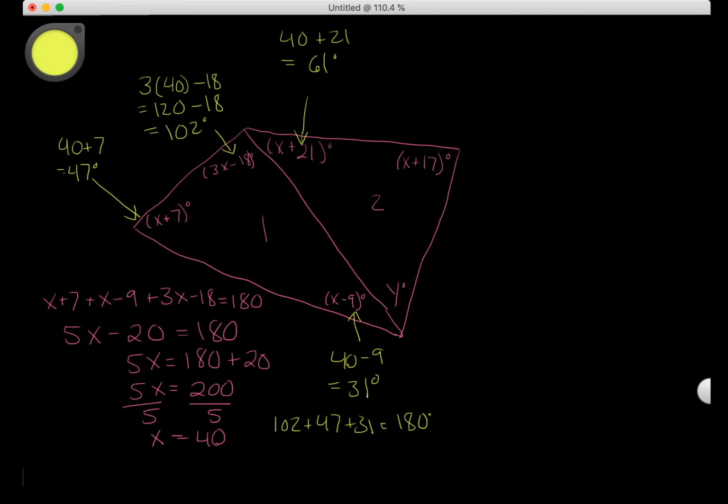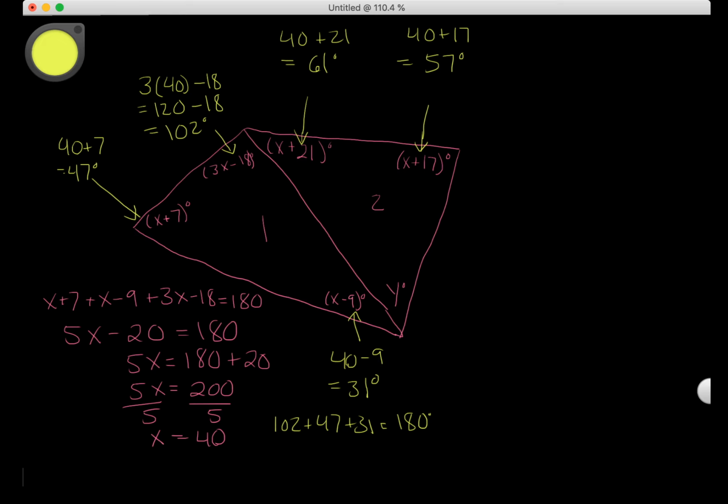We know that the whole triangle has to add to 180 degrees. So we can put in our y, our unknown angle, plus 61 plus 57 equals 180. Let's find the unknown.